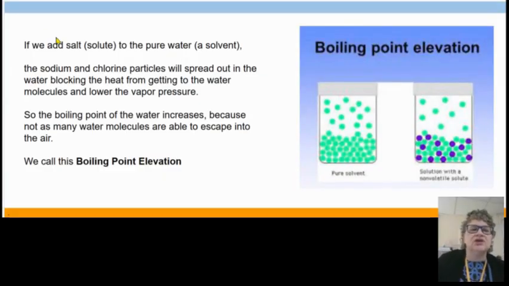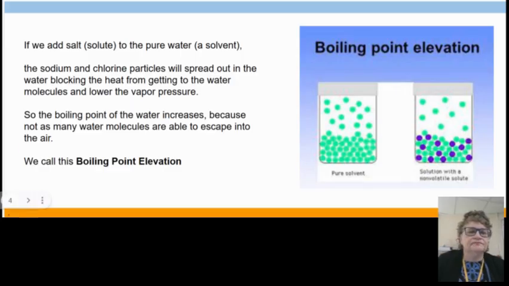So if we add salt, which is the solute, to the pure water, which is the solvent, the sodium and chlorine particles will spread out in the water, blocking the heat from getting to the water molecules and lowering the vapor pressure. Here are the sodium and the chlorine, and they spread out in the water.